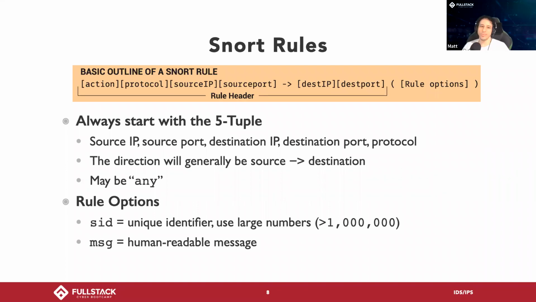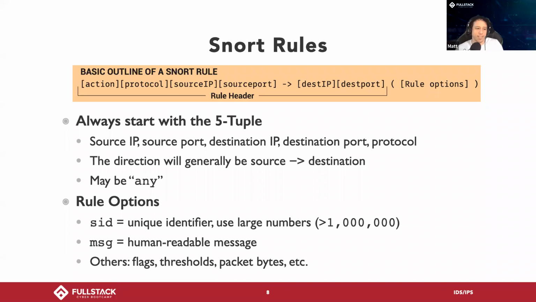So that way you could say, oh, this was likely an SSH brute forcing attempt. Take a look at it. And now the analyst knows what to do. There are more rule options than this, absolutely, but I'll say those 2 are probably the most important ones that should be there: a unique identifier for the rule and a human readable message for the rule. Other ones are like certain flags, certain thresholds, certain packet bytes, etc.